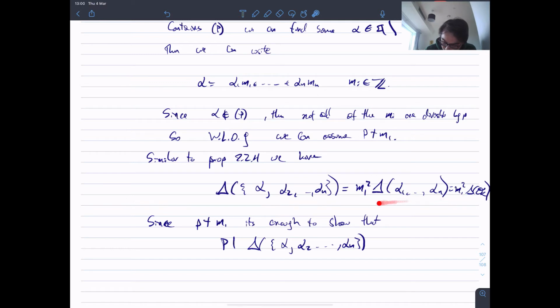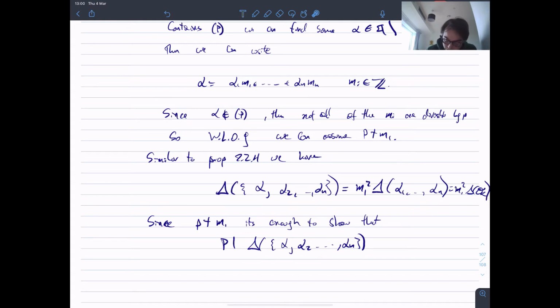If I can show that p divides this number, then since p doesn't divide m1, p has to divide the discriminant of my number field.